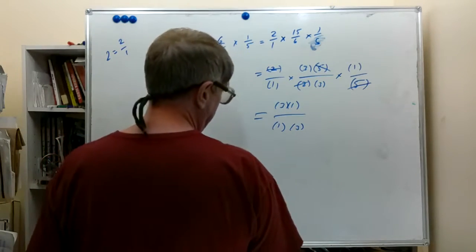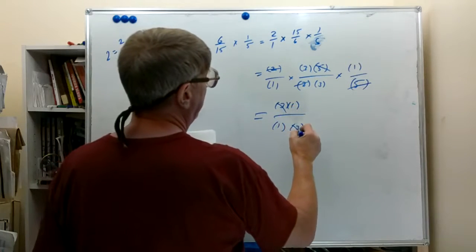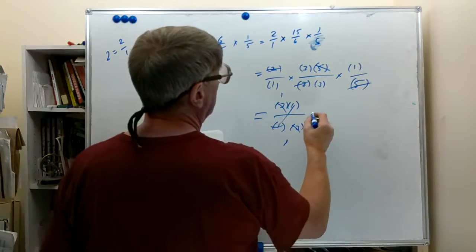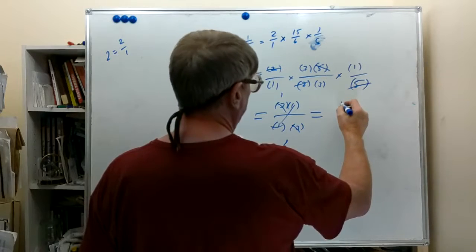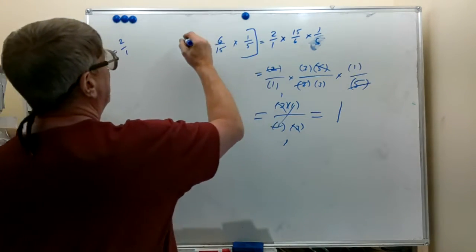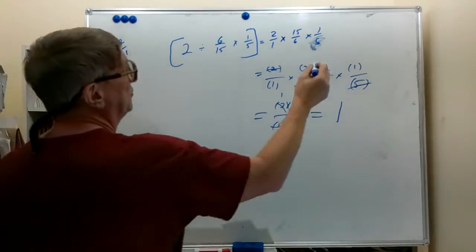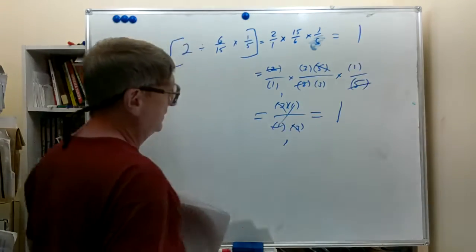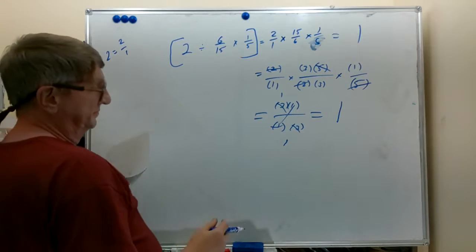Well, pretty cool here. The 3's cancel, the 1's cancel. So this reduces to just simply 1. Interesting how that big fancy thing here was equal to 1.